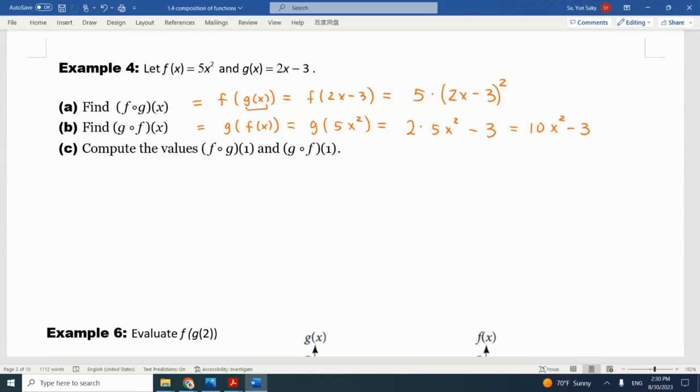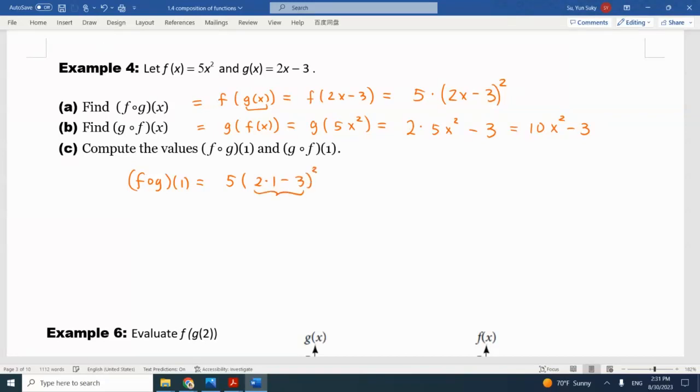All right. So F composite G of 1 is, you plug in 1 into here. So 5 times 2 times 1 minus 3 squared.